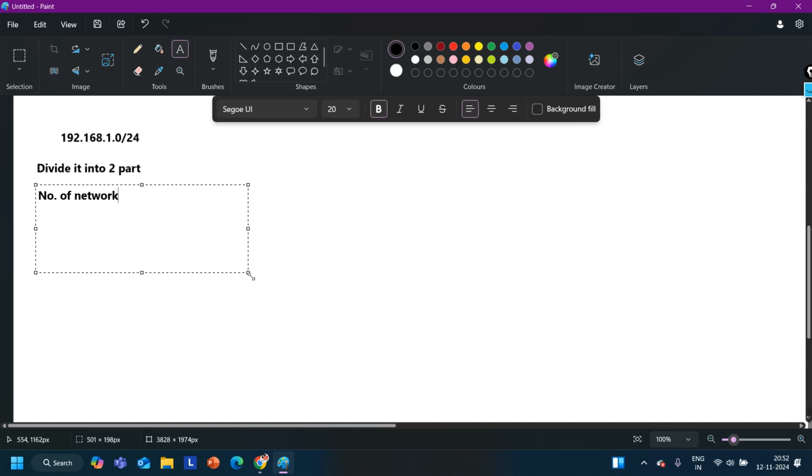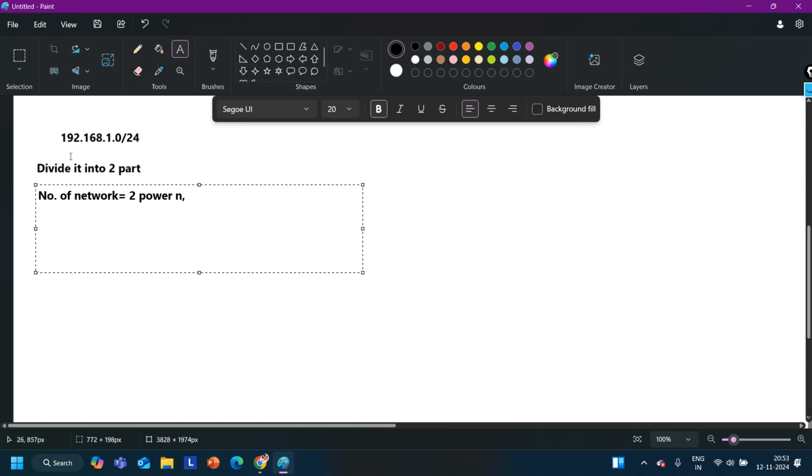2 power n. 2 power n is the formula, where n is the number of network bits, and here we can say the number of borrowed bits, right?